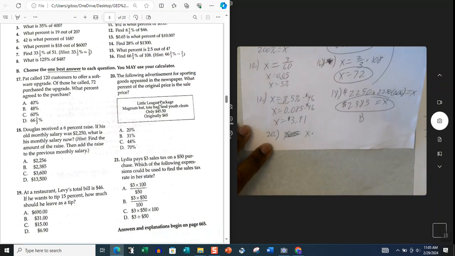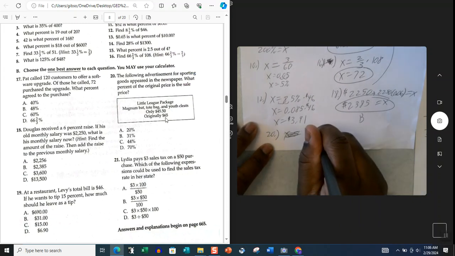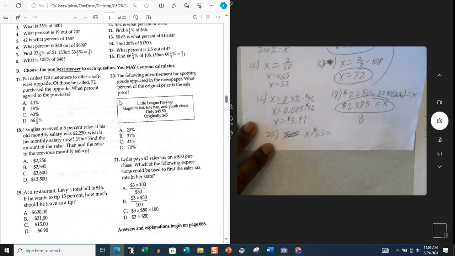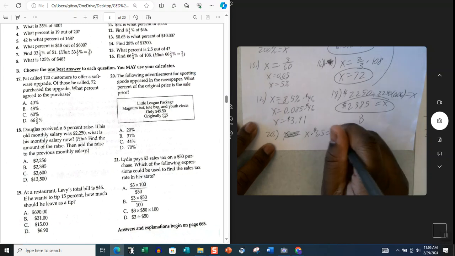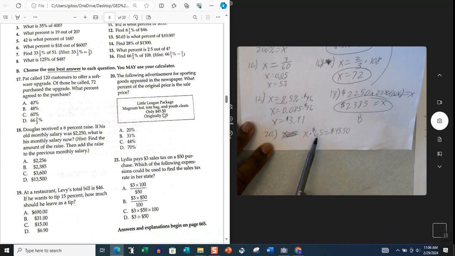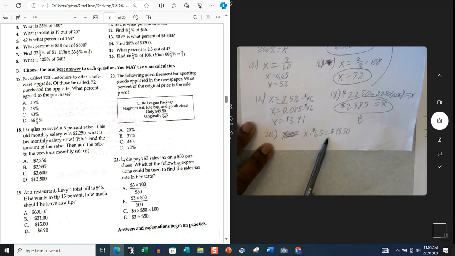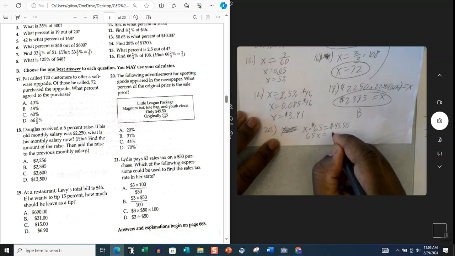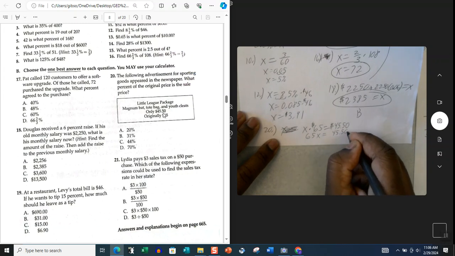The original price, they said, was $65. What percent of the original price is, meaning equal, the sale price. The sale price is $45.50. So X times 65 is 65X, which is equal to $45.50.